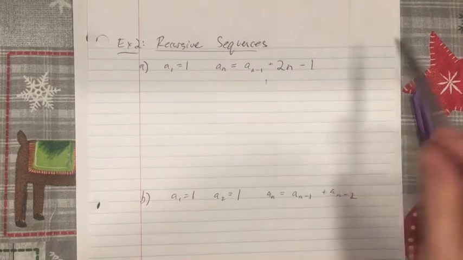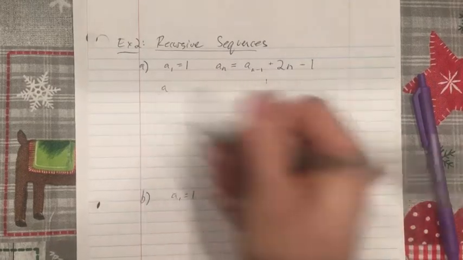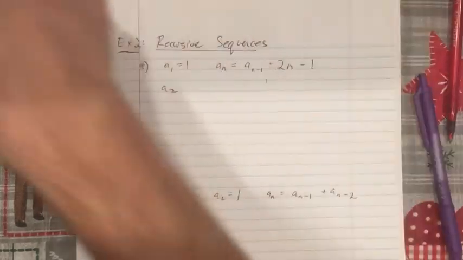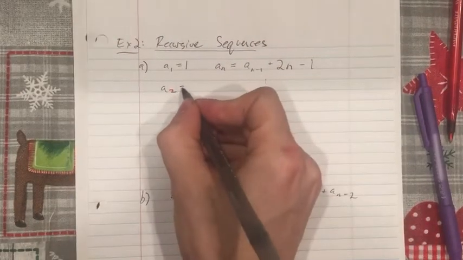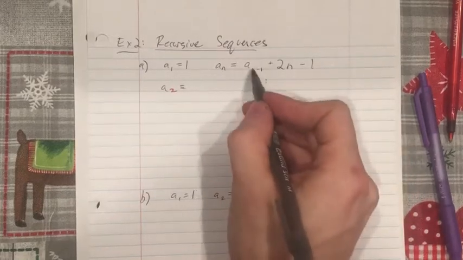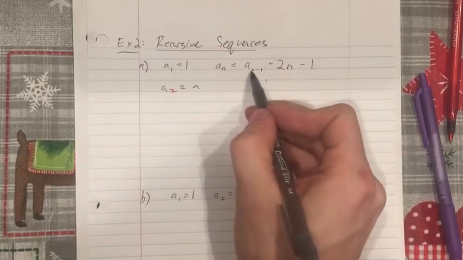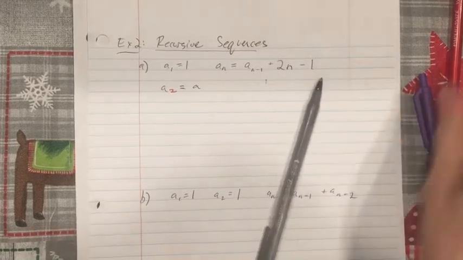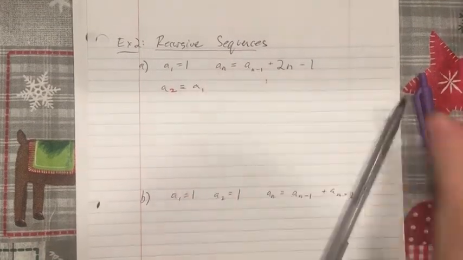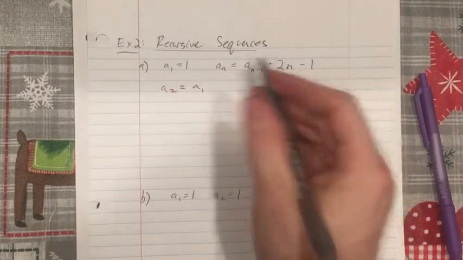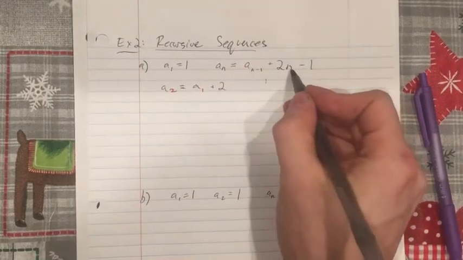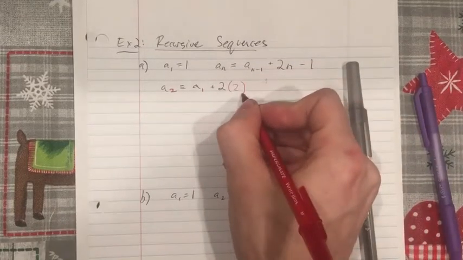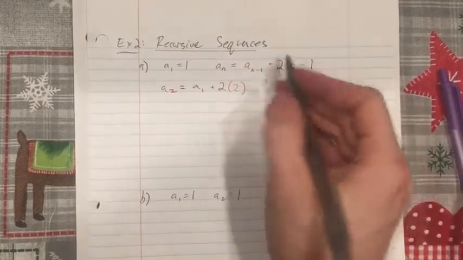What about a2? We're going to generate the first few terms here. A2 equals, well, n is 2 right now. So 2 minus 1 means I take the previous term, a sub 1, and add 2n. N is 2, so I put a 2 here, minus 1.